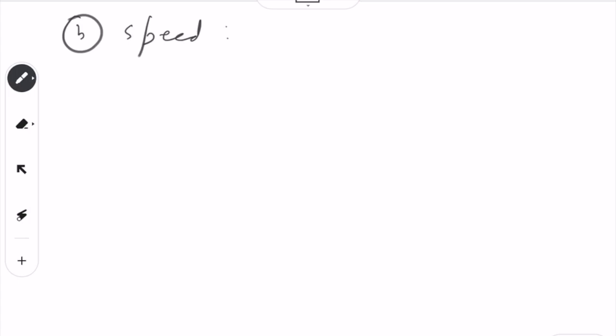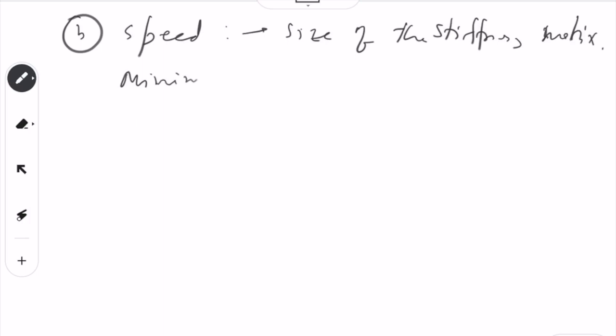So, speed we can roughly translate to the size of the stiffness matrix. So, minimize the size of K.